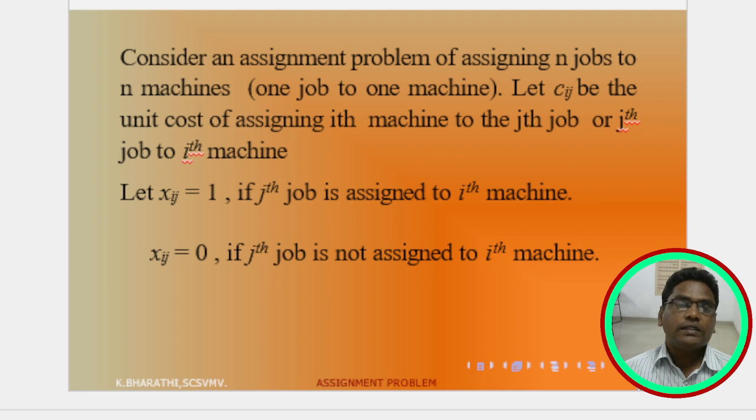Let Xij equal 1 if the jth job is assigned to the ith mission, and Xij equal 0 if the jth job is not assigned to the ith mission.